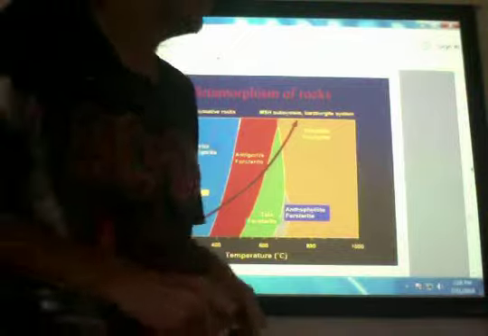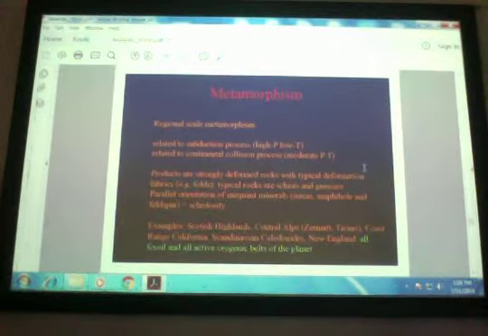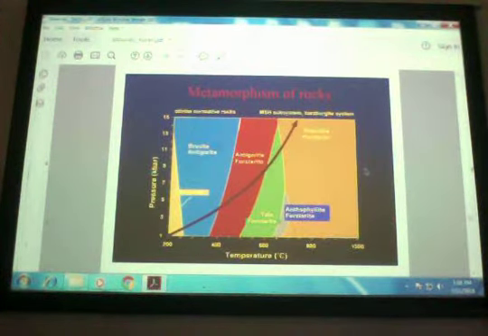Now we need two pictures. Here we have, for example, the continental crust, yeah, CC. And then you have here a normal subduction, yeah, like that.